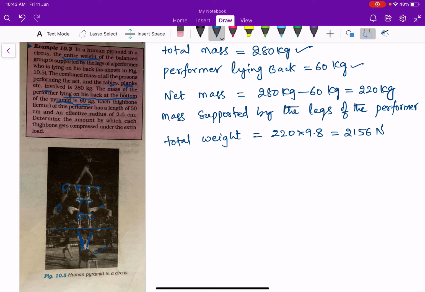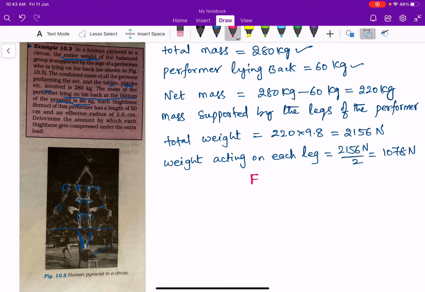There are two legs, so the weight acting on each leg is 2156 newtons divided by 2, that is 1078 newtons. So the force acting on each leg is 1078 newtons.